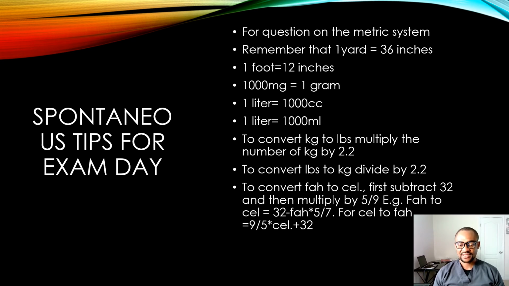To convert Fahrenheit to Celsius, you first subtract 32 and then multiply by 5 divided by 9. So let's say you want to convert Fahrenheit to Celsius: you take the Fahrenheit, subtract 32, then multiply by 5 divided by 9.